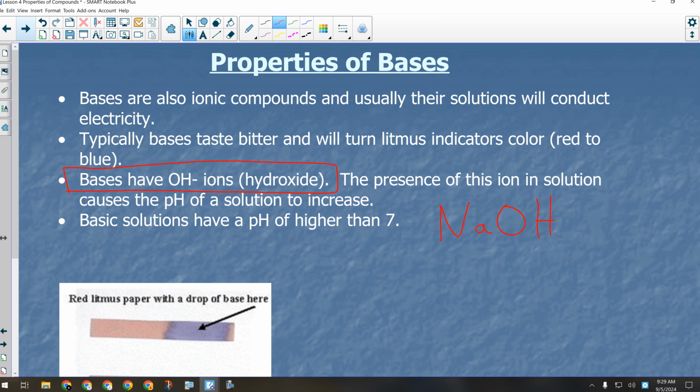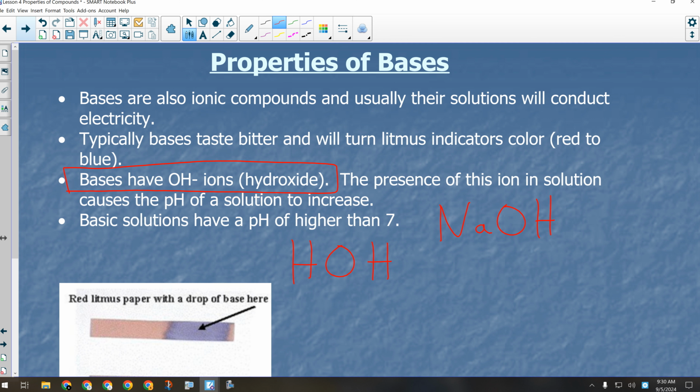So what would this stuff be? A very happy face or a surprised face. Yes. What else? Neutral. Because what is that? That's water, H2O.